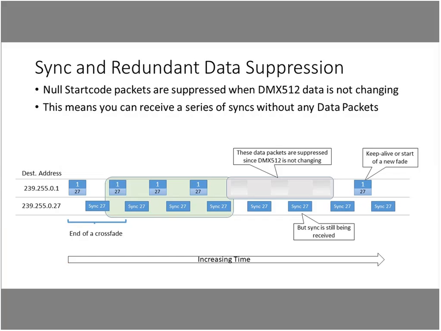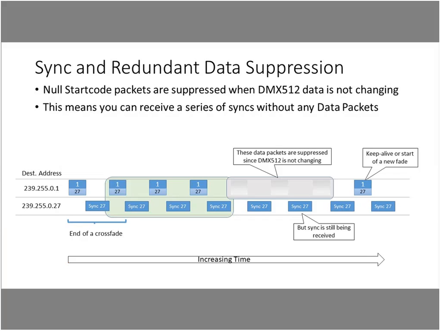The improvement in E1.31 was that if I'm doing a fade and then it stops, I actually send the last look 3 times, just in case of packet loss. Statistically, most networks will lose very few packets. If you lose 1 packet, you'll get it the second time. If your network can't get 3 packets through, you've got serious issues.